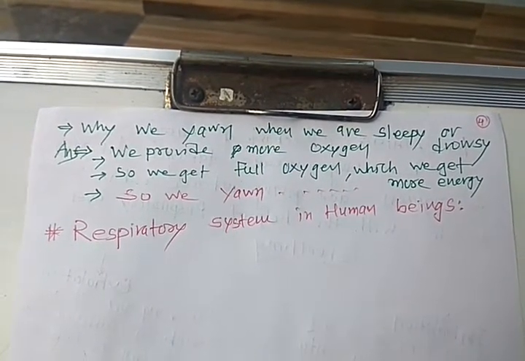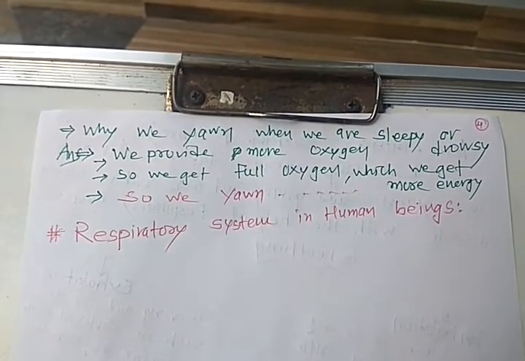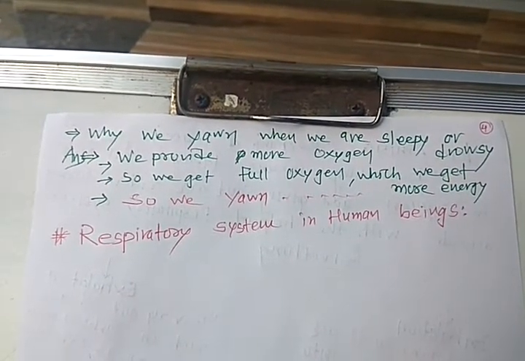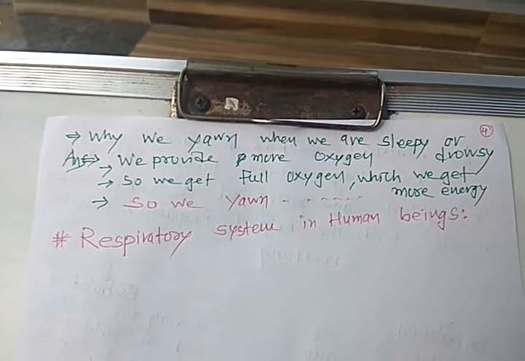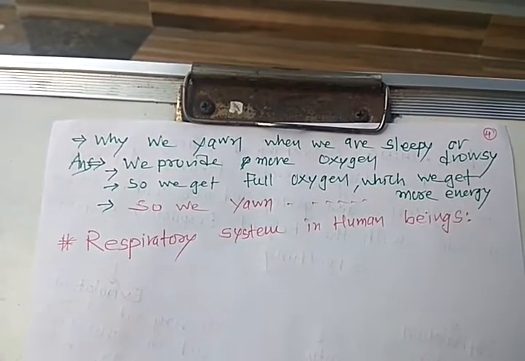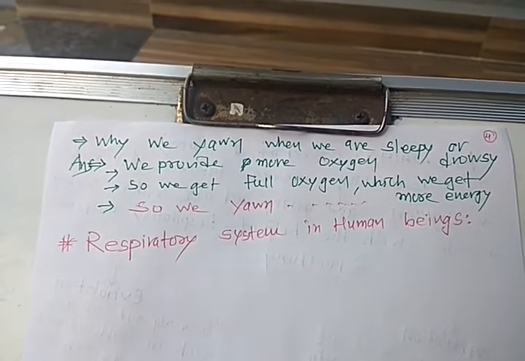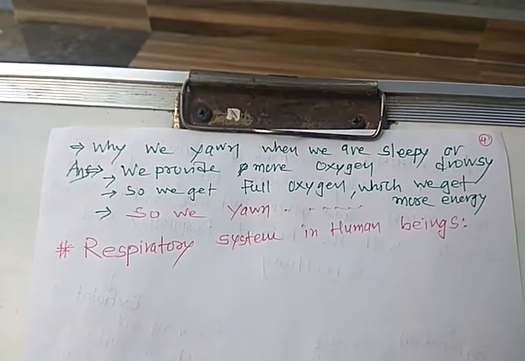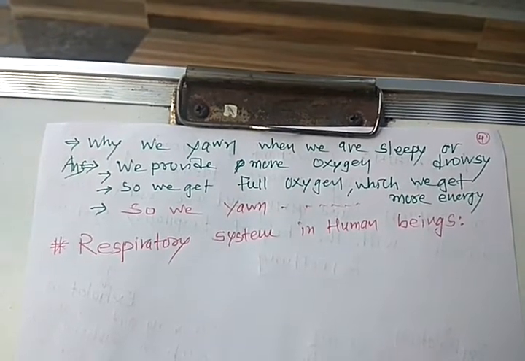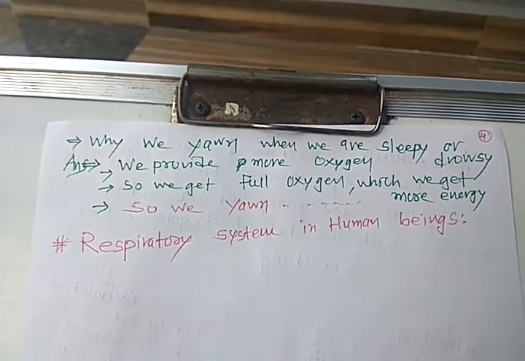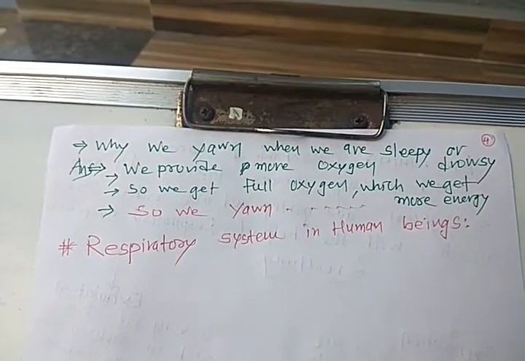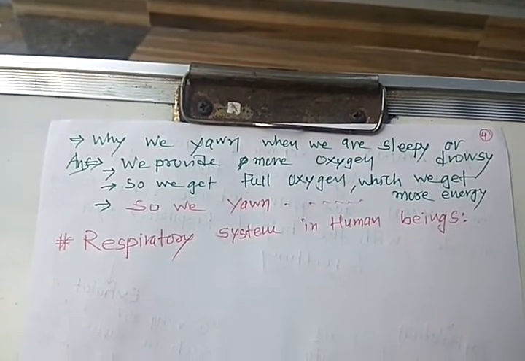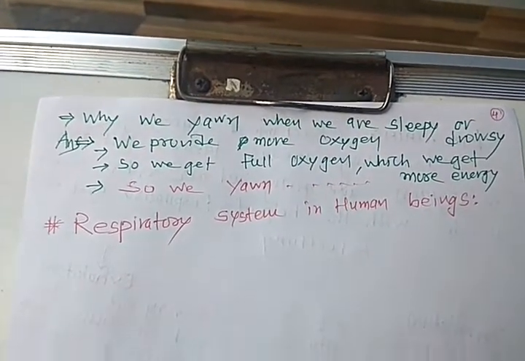Then from the lungs it passes into the blood. This oxygen mixes with the blood, and blood circulation becomes normal. So at that time we feel at ease and very rested.